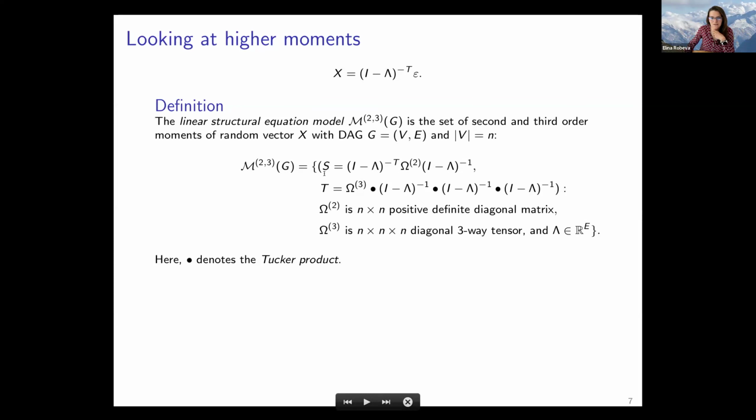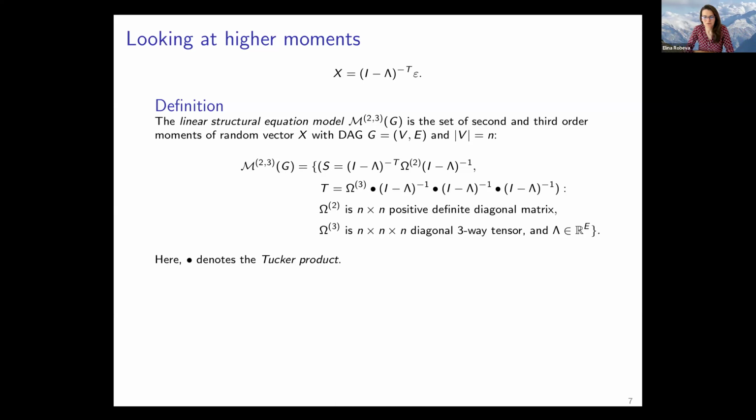And so this S and T, M23G is precisely the set of second and third order moments of distributions in our model. And so if you have samples, so you have empirical versions of S and T, you might want to check if they lie in this model for a specific graph, or if they don't, so that will tell you whether or not G is the correct graph.